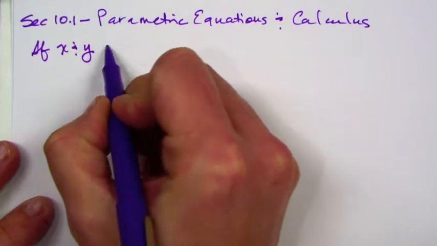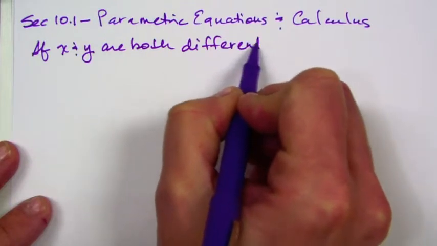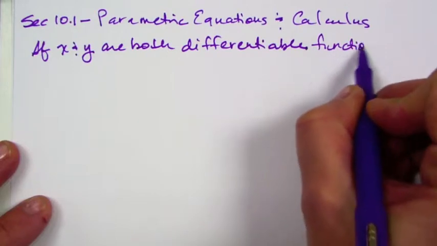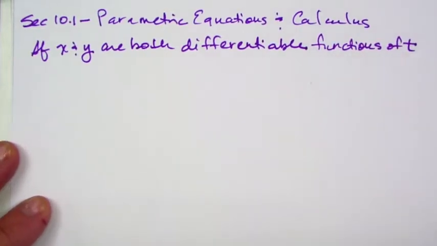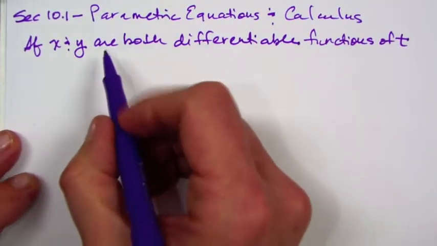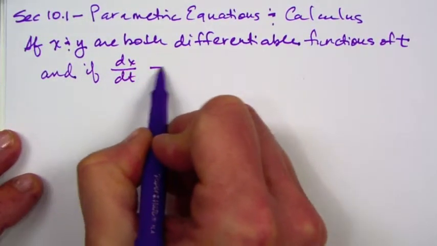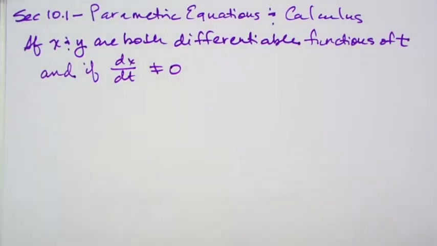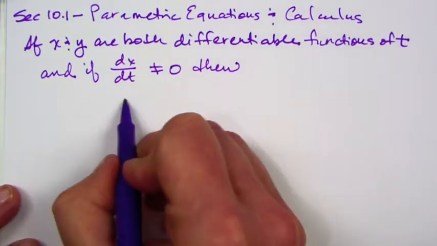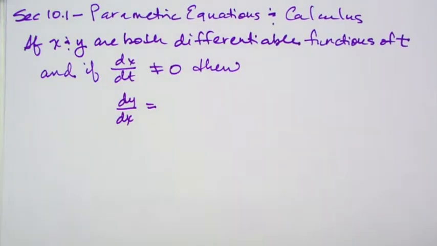If x and y are both differentiable functions of t, and if dx/dt doesn't equal 0, then what's dy/dx equal?